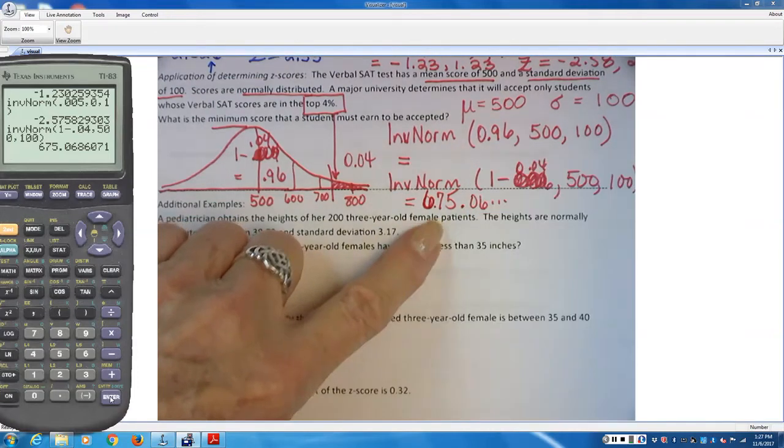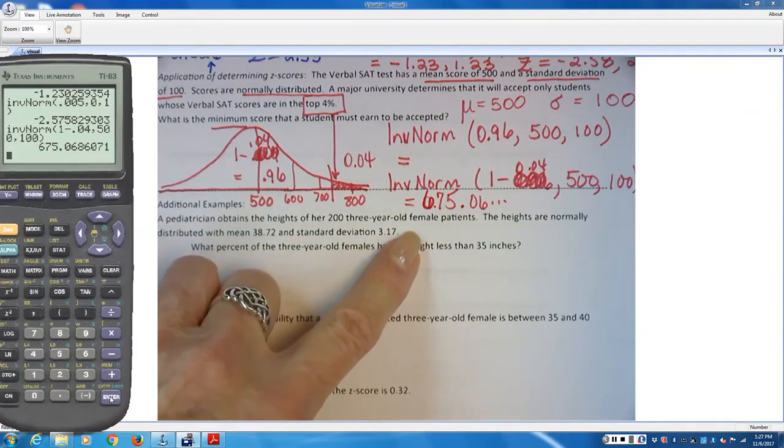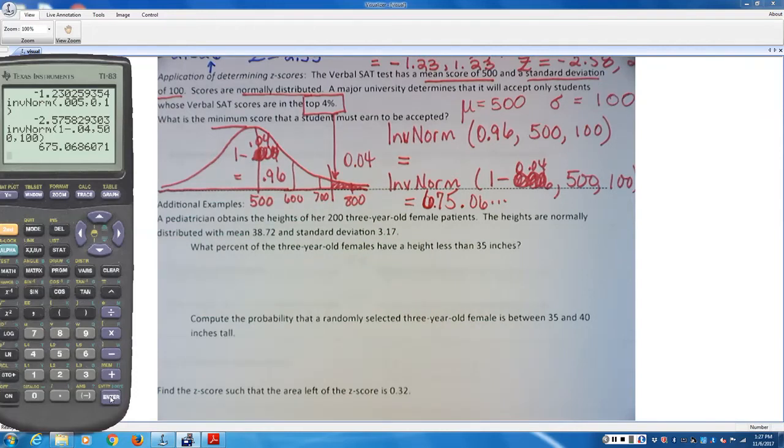Thought it was supposed to be 0.7. Well, that's because I misjudged where that was. Because the z-score, and see, that's why it's sometimes a good idea to label your curve before you try to do the problem.